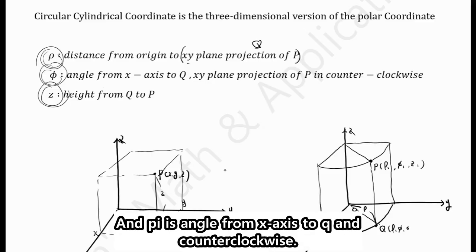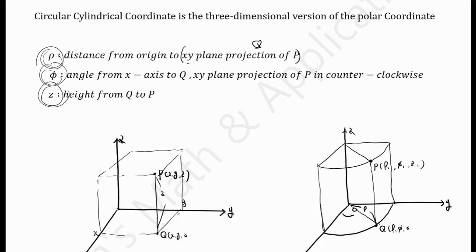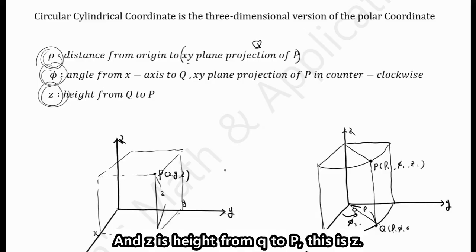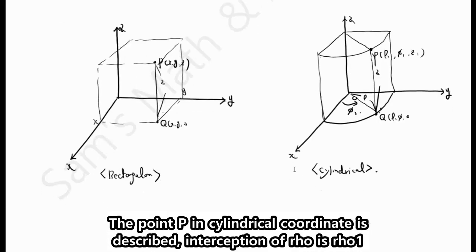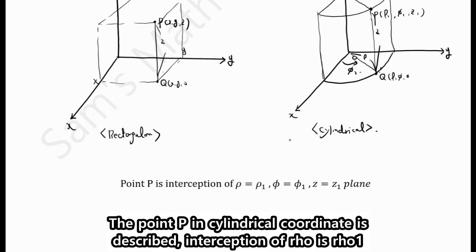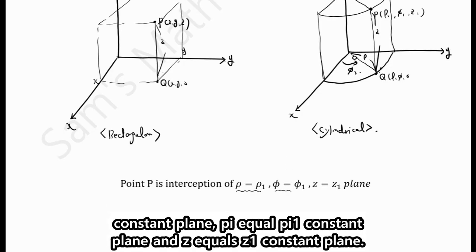And phi is the angle from the x-axis to Q in the counterclockwise direction. This is phi 1. And z is the height from Q to P. This is z. The point P in cylindrical coordinates is described as the intersection of the rho equals rho 1 constant plane, phi equals phi 1 constant plane, and z equals z1 constant plane.